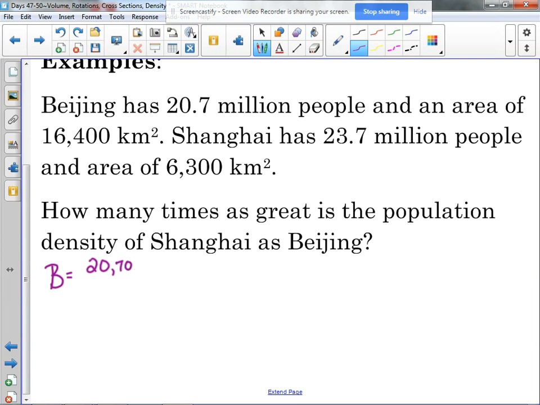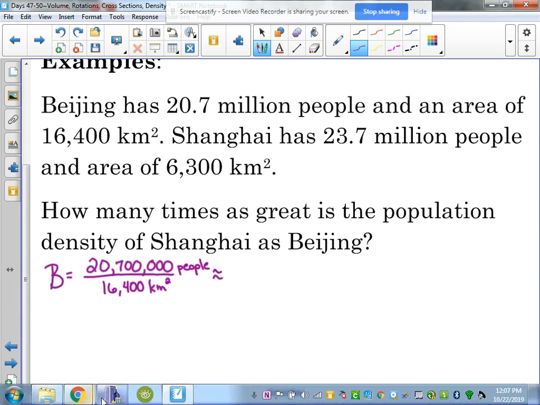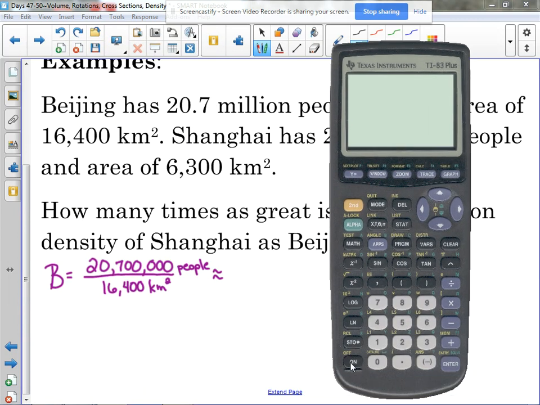For the sake of calculating this, I'm going to express that as 20,700,000 people over 16,400 square kilometers. So 20,700,000 divided by 16,400.